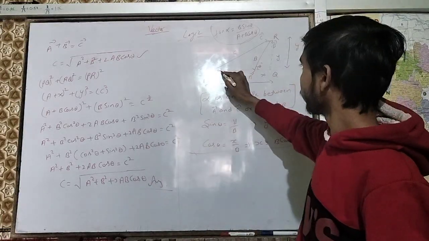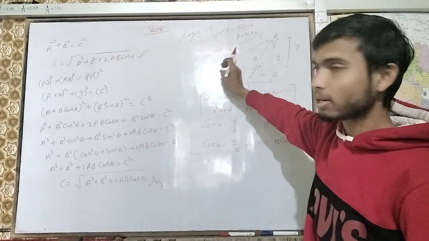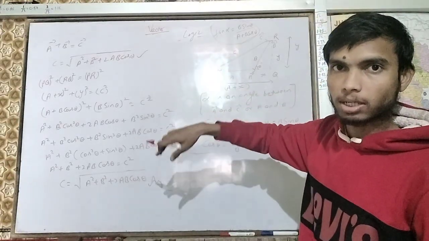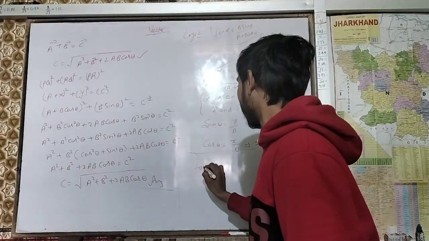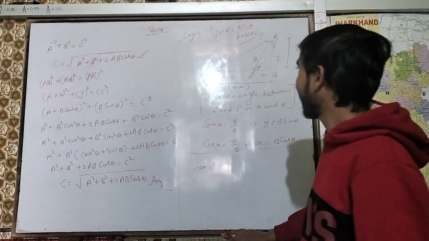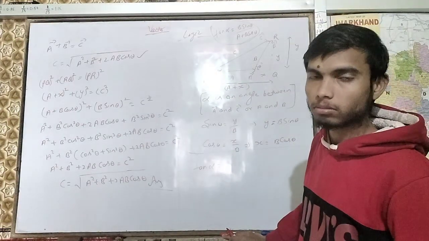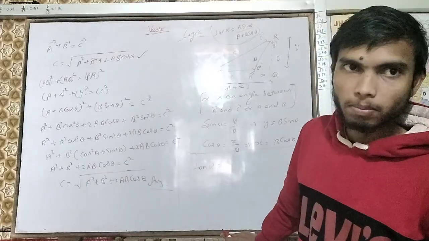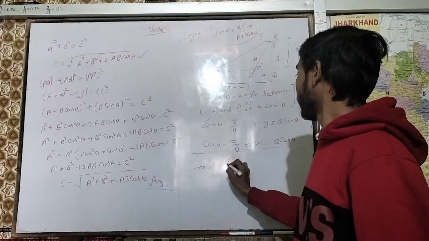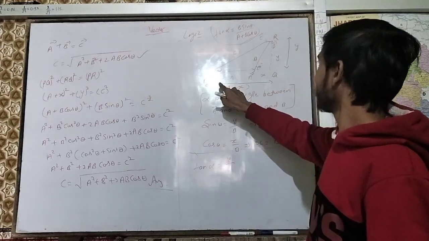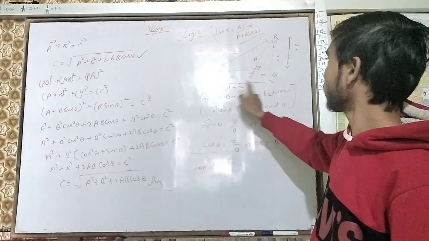Look over here. We are talking about this alpha, the angle between the resultant vector and the a vector. So tan alpha will be equal to perpendicular upon base. Here the perpendicular is y, upon the complete base, a plus x.